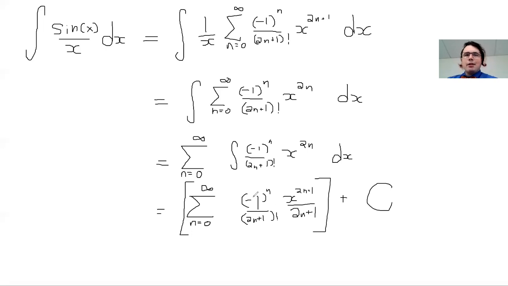One thing to note here, because I'm doing an antiderivative, and because I have the plus c, the constant of integration, the power series here actually will not have its own constant term in a way that gets sucked up into the plus c.